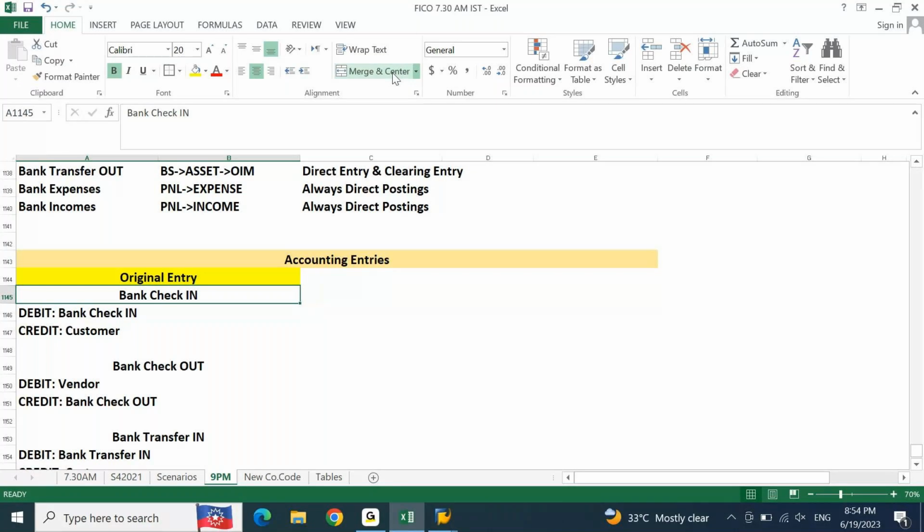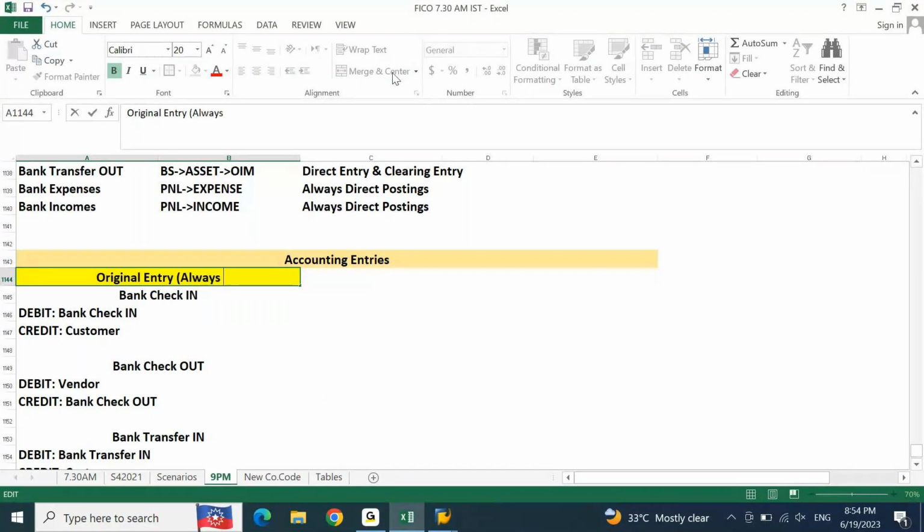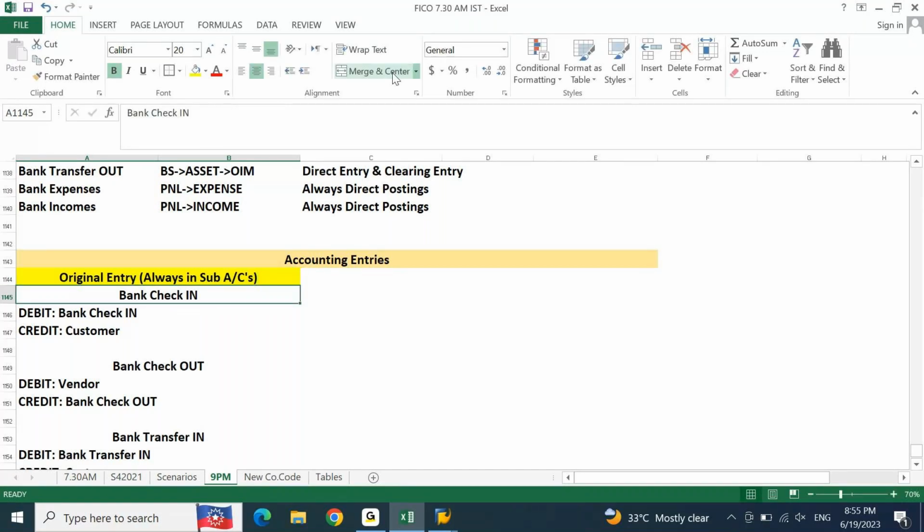Now all the original entries are always posted in bank sub accounts. Clear? Original entries are always in sub accounts. Next one, against every sub account there has to be a clearing entry, or a corresponding main account.